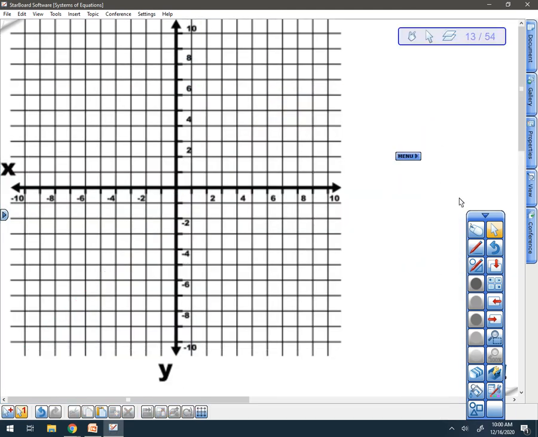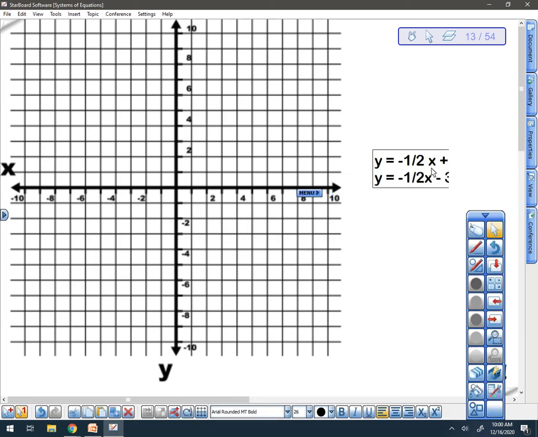And then our last one, you've got y equals -1/2 x plus 4, and you've got y equals -1/2 x minus 3.